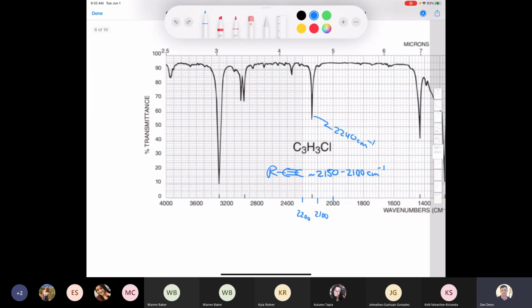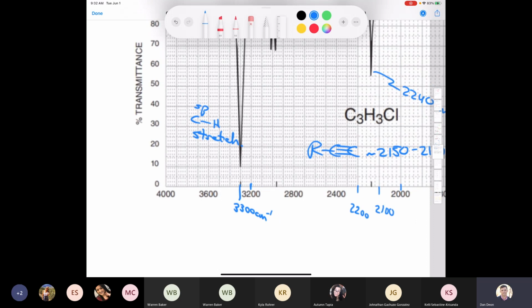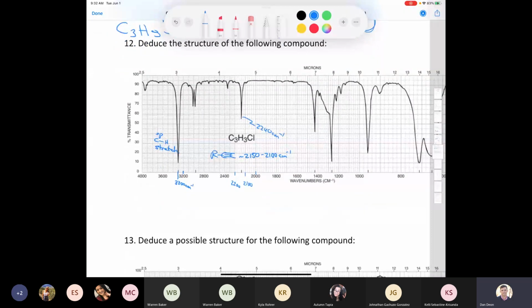If you follow the scale, it goes from 3,200 to 3,300 reciprocal centimeters. For a terminal alkyne, we also see a sharp absorbance for the sp hybridized carbon-hydrogen stretch. So that tells you that this must be a terminal alkyne. It's got a hydrogen attached to the end. So we've got this so far.